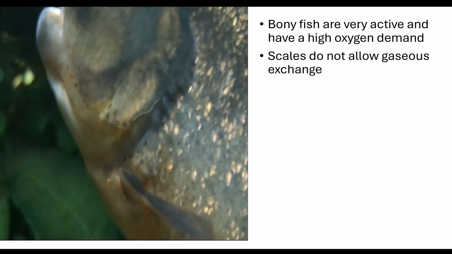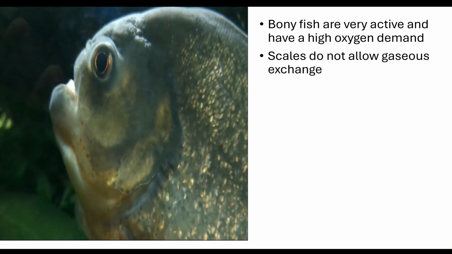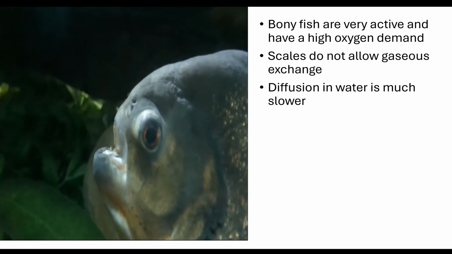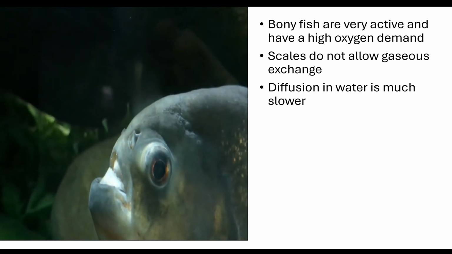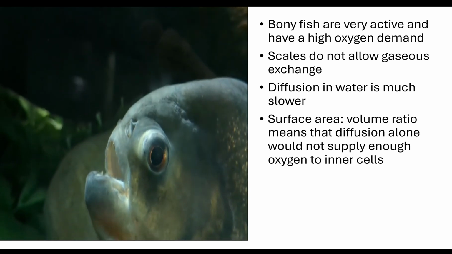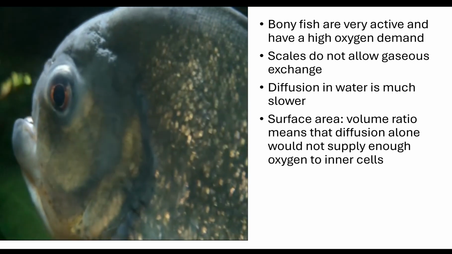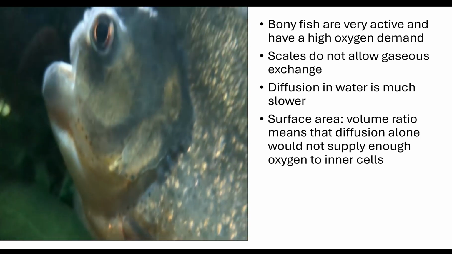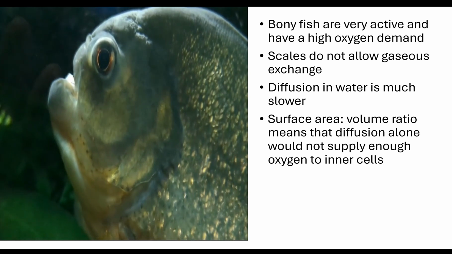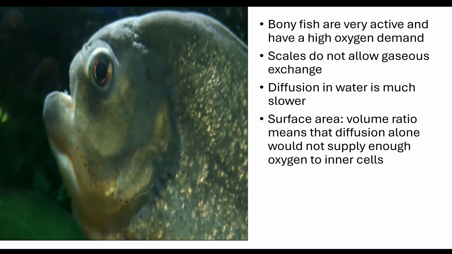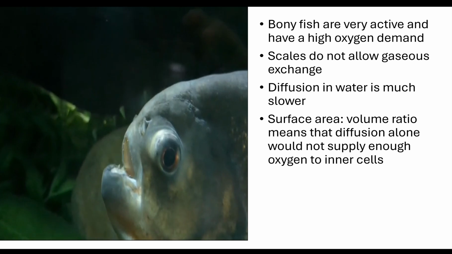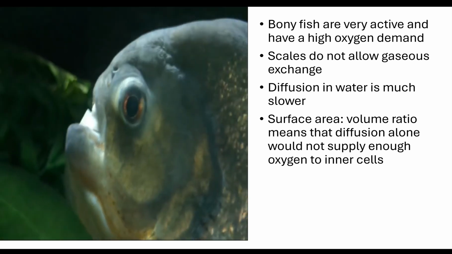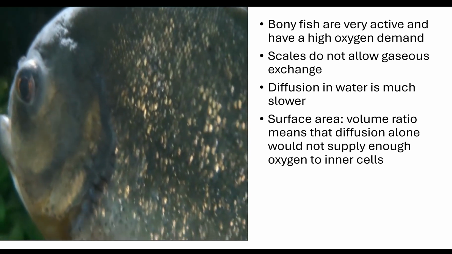Now, their scales, which are on the surface of their body, do not allow gas exchange. Diffusion in water is much slower, and their surface area to volume ratio means that diffusion alone would not supply enough oxygen to the cells inside their body. So bony fish have had to advance their ventilation system so that they are able to overcome these challenges.